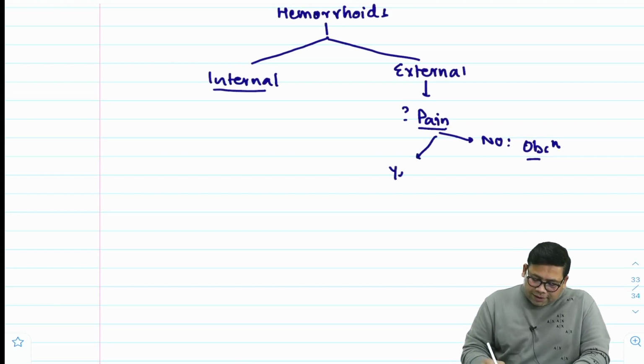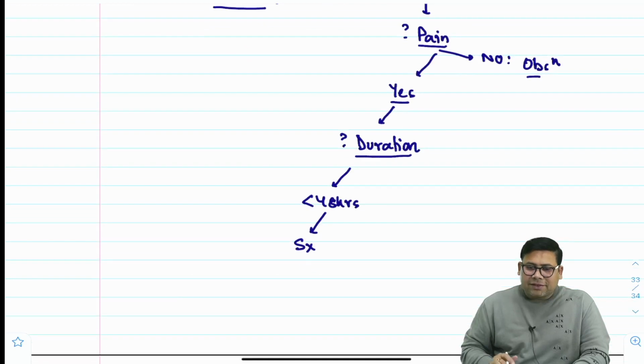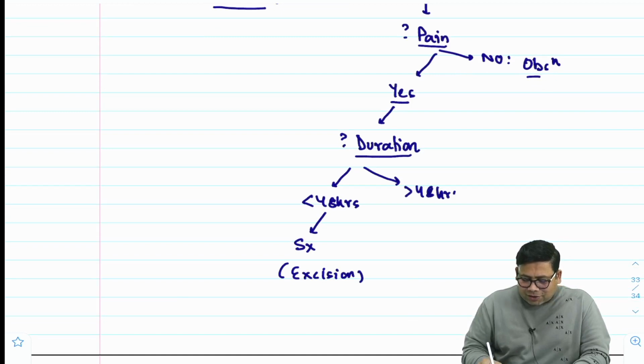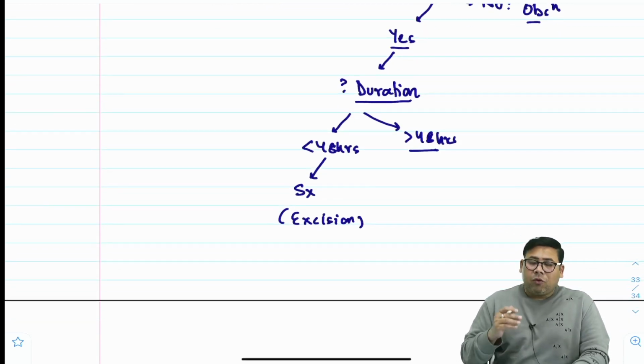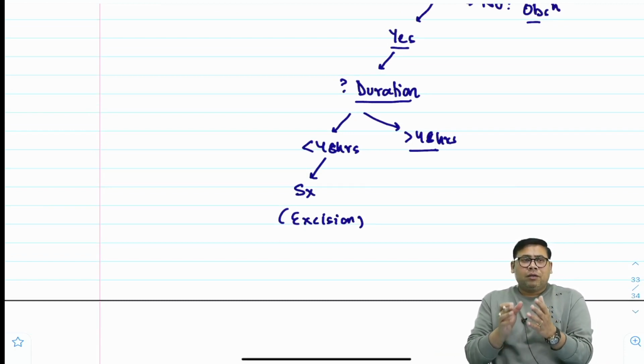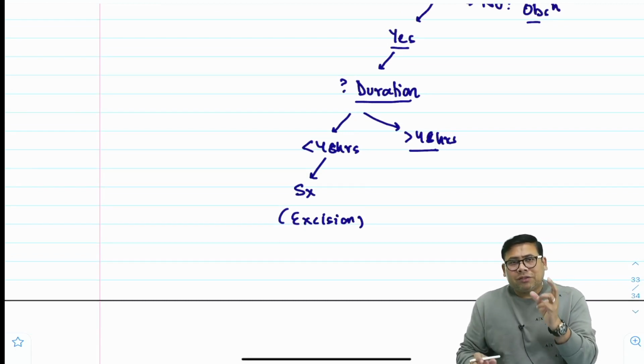If it is yes, they are painful, then plan, the duration is very, very important. If it is less than 48 hours, always go for surgical excision. So what is the surgery? Excision. Now if it is painful for more than 48 hours, try to understand, these hemorrhoids will go for auto shrinkage, because 48 hours is more than sufficient time for the tissue to shrink off.